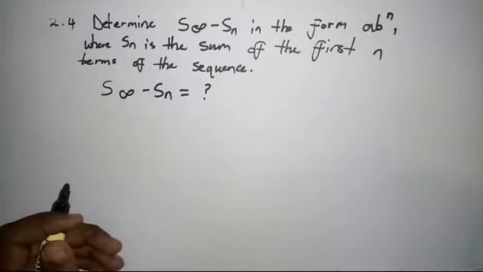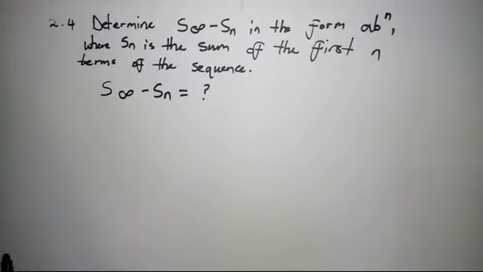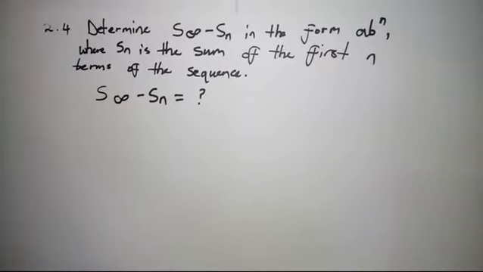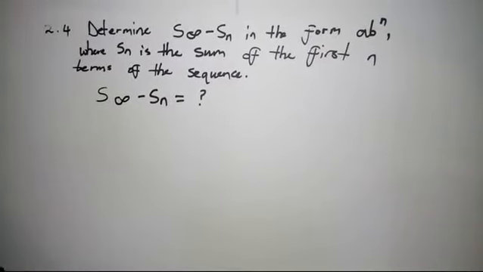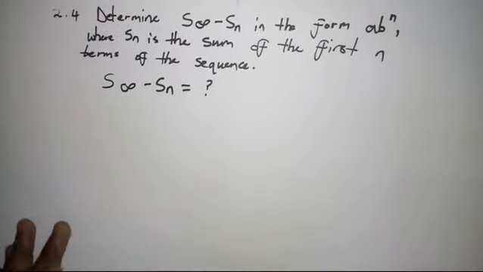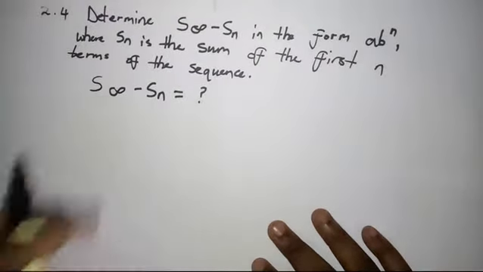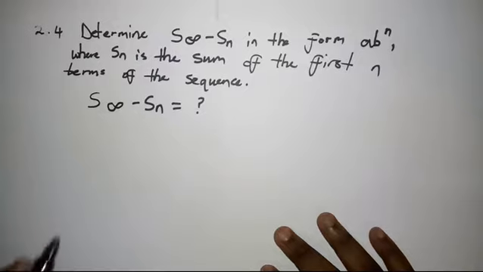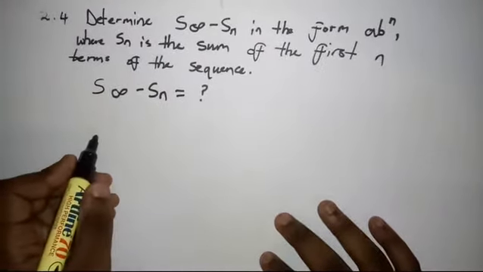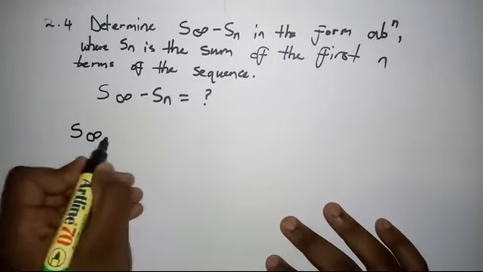They want to know what will be the value when you subtract the sum of the first n terms from the sum to infinity. To make it a little bit easier, you can calculate each of these separately. You can start with the sum to infinity, which is this one.